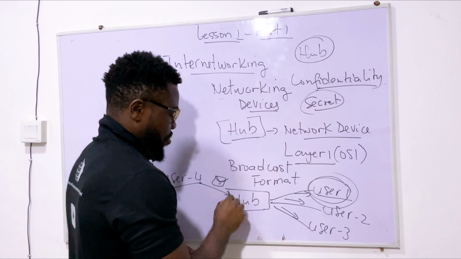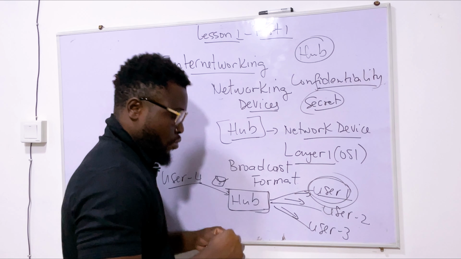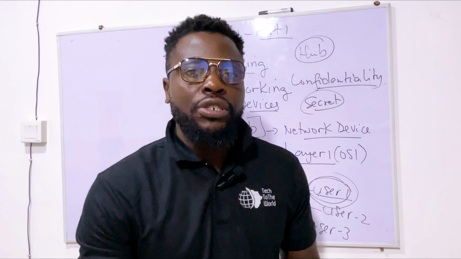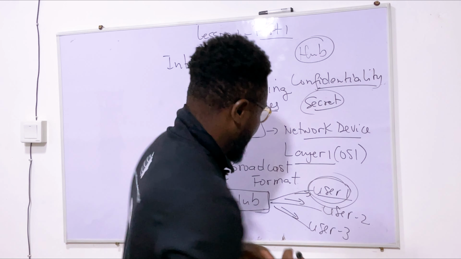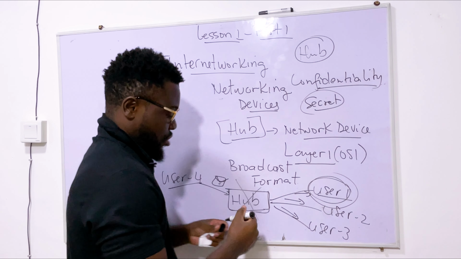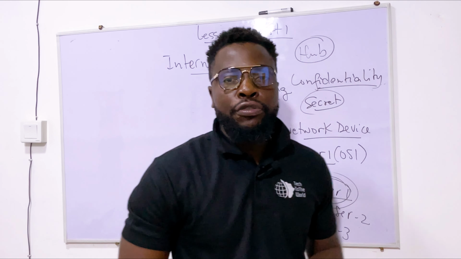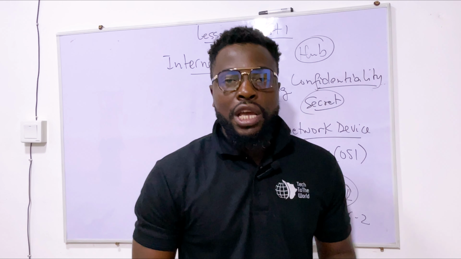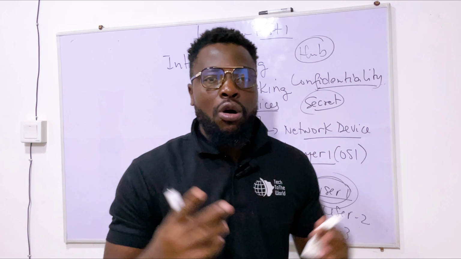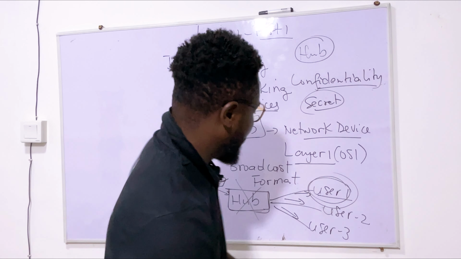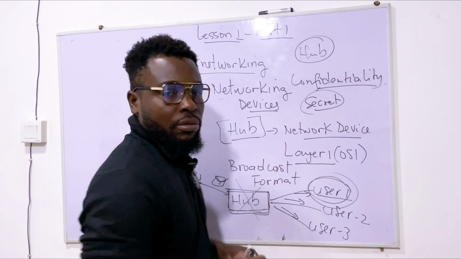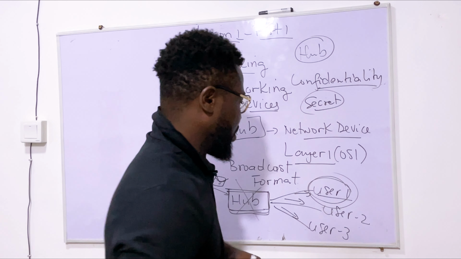So if you have a device which cannot help you to send a confidential or secret message, meaning this device is useless. There is no need to use a device which does not guarantee privacy between 2 devices or a group of people. So that's what you have to keep in mind for the hub as a network device.